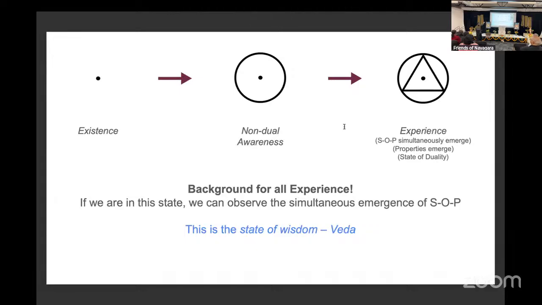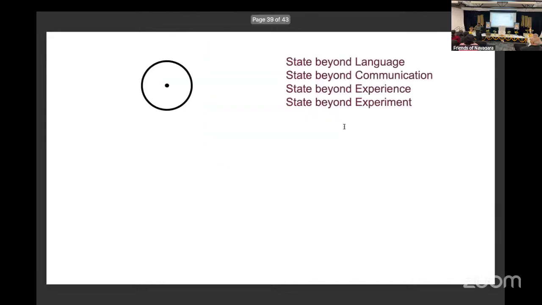That might not even be the correct picture. Doesn't matter. But it's something. Right? So you don't have experience, but you have something that's not just existence. So it's a state beyond language, because language encodes experience. They're saying no experience, but it's beyond experience.